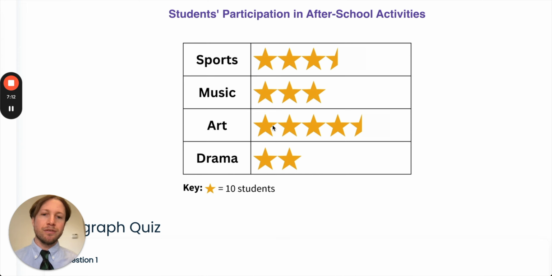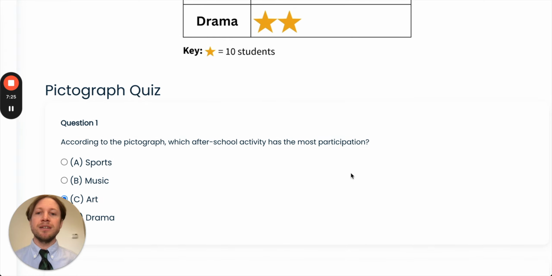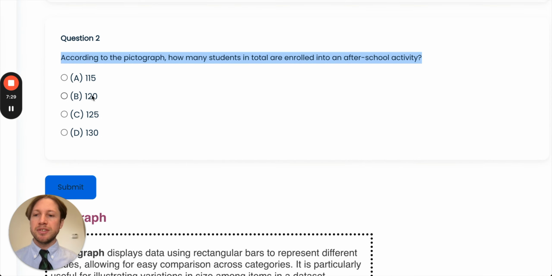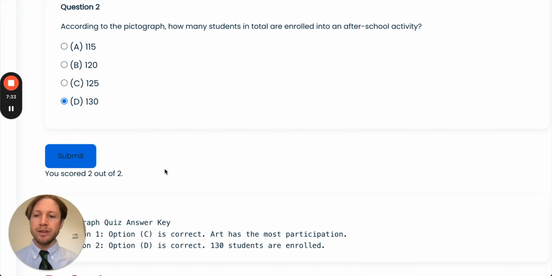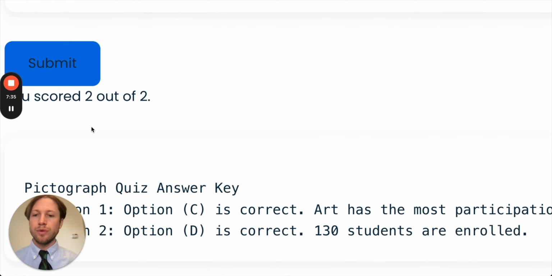And we have 4 here, that's 4 and 6 is 10, plus 2 more is 12. And if we add the half stars, that would give us a total of 13. 13 times 10 is 130, or 130 students. So let's see if we have an answer option that is 130. Good. We'll click the submit button, and great, we scored 2 out of 2.